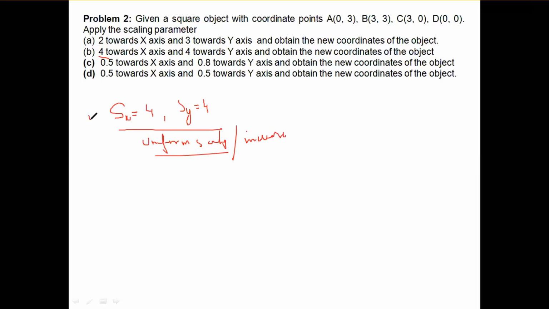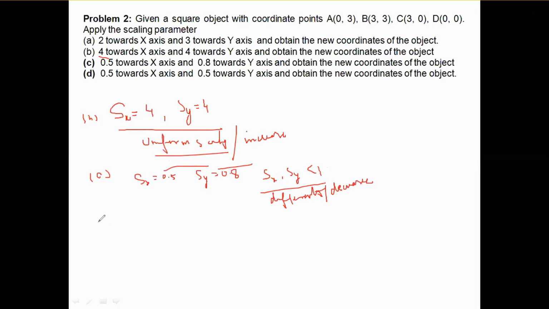When I take up the C case, that is Sx is equal to 0.5 and Sy is equal to 0.8, Sx and Sy are both lesser than 1, but the values of Sx and Sy are different, so it will lead to differential scaling, and the size of the object will decrease.